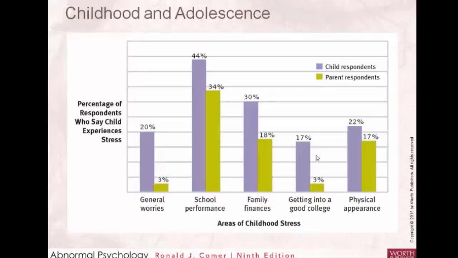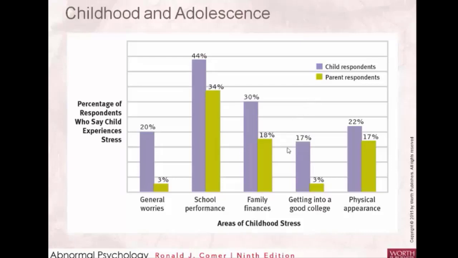To get us thinking in the right direction during today's lecture, I have some of the results of a survey that was conducted. This sample was individuals aged 8 through 17 and their parents. The purple bar tells you the percentage of children who are concerned about a particular area, and the greenish yellowish bar is the percentage of parents who think their children are concerned about a certain area.